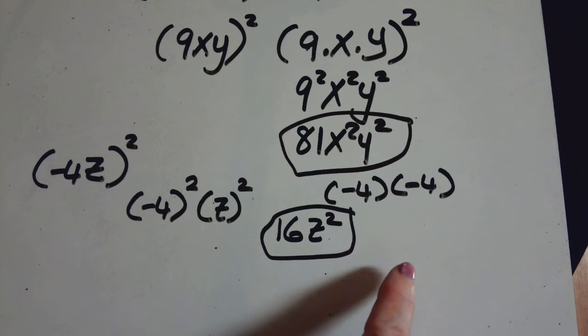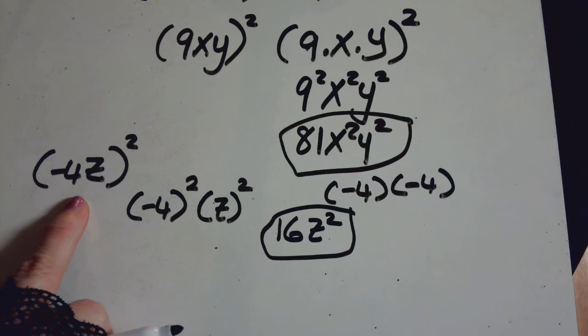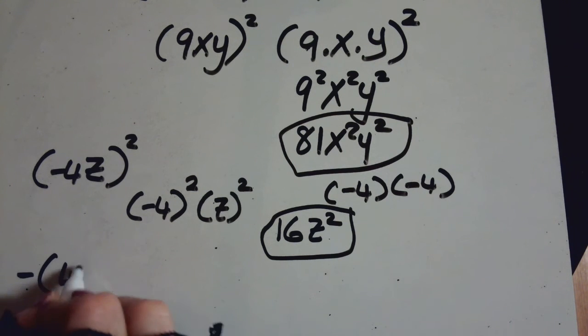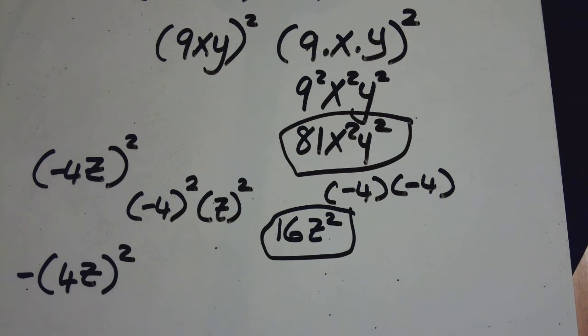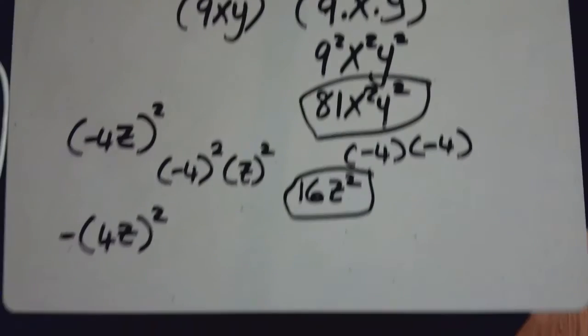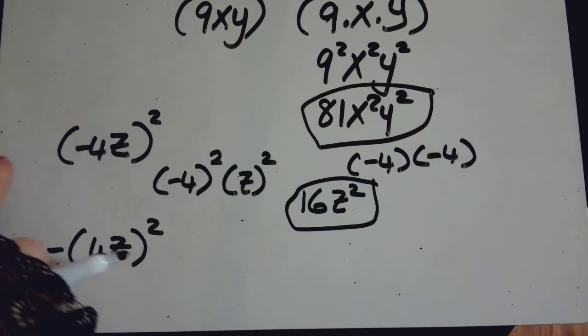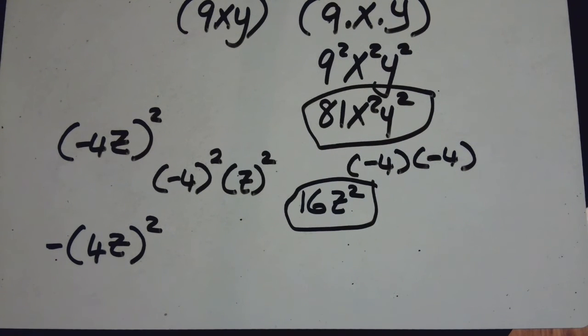Okay, so I want you to look at this, and so here's this, but look at the difference. Okay, if I have this, I've got a negative outside, and I've got 4z to the second power. Look at the different answers that you would get. Here, you're squaring negative 4. You're raising that to the second power. Here, the negative's on the outside.